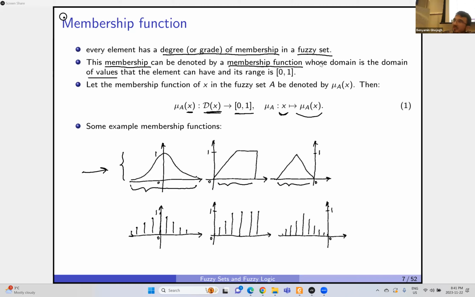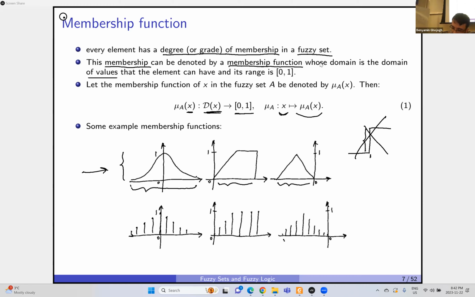But the range is between 0 and 1. Agree? And it is continuous. It can be a piecewise linear function or a completely nonlinear function. And it is a function because I can't have two memberships for one element. So it's not like this. It's not a function, because for this value, I have a bunch of memberships. It doesn't make sense.